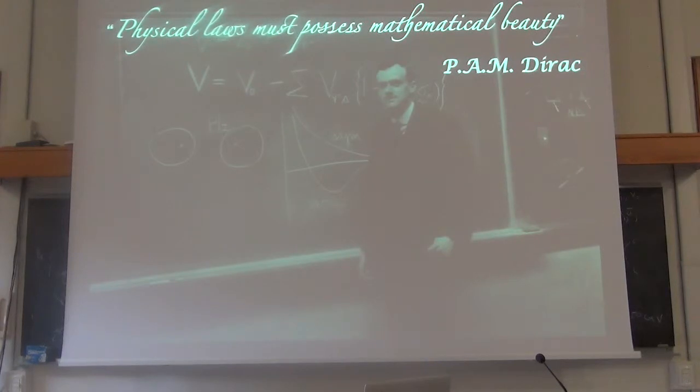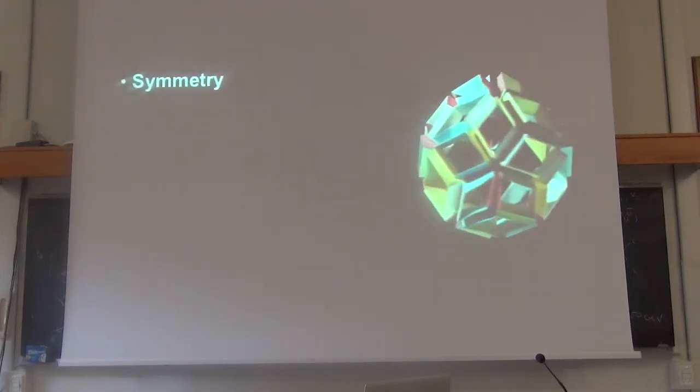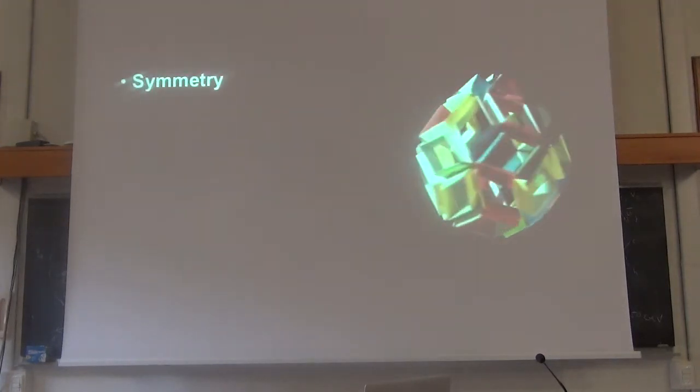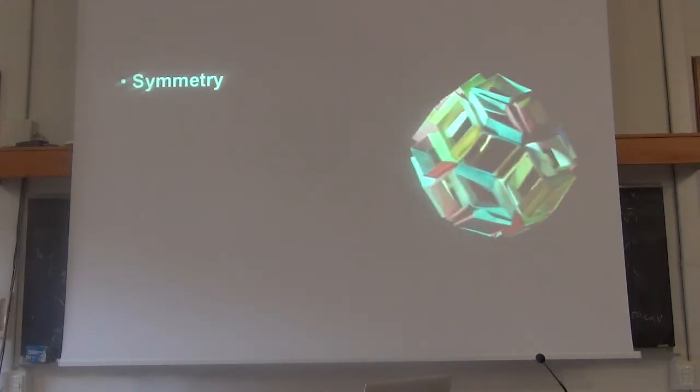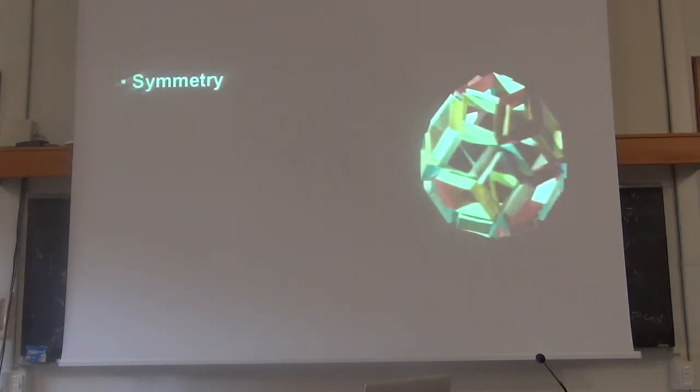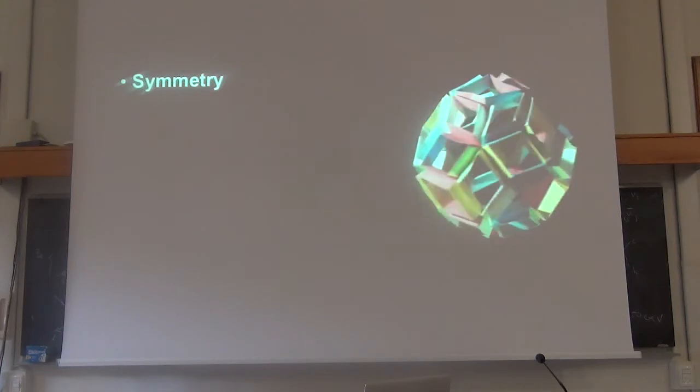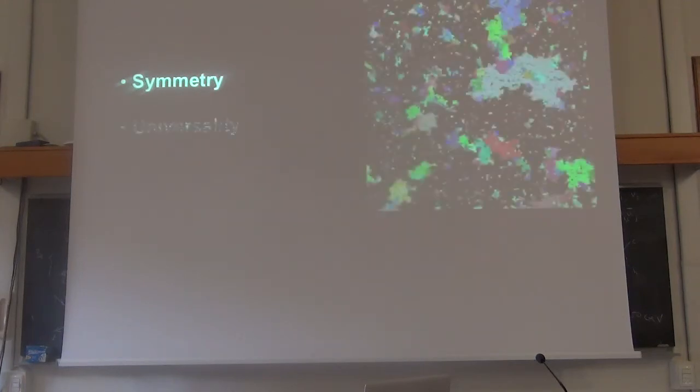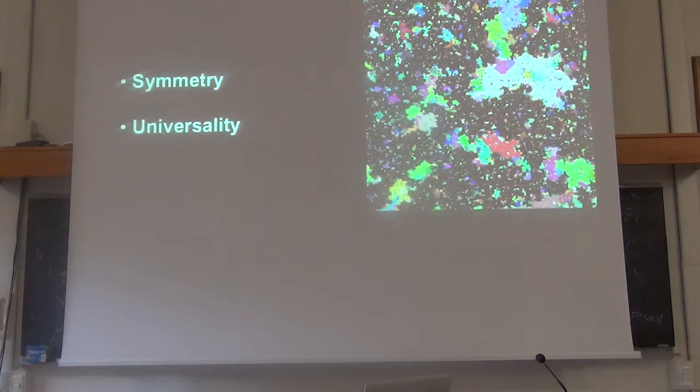The challenge is to understand in a unique way, in an economic way, something which appears very diverse and very different. Well, amazingly enough, all this can be reached according to two basic principles. One is symmetry, and the other one is universality.